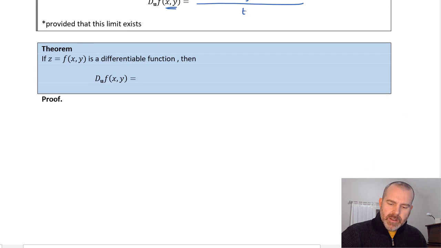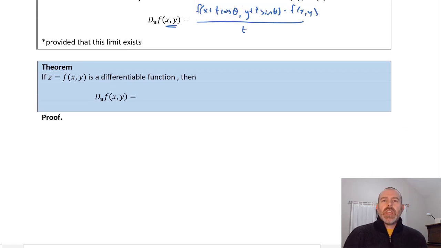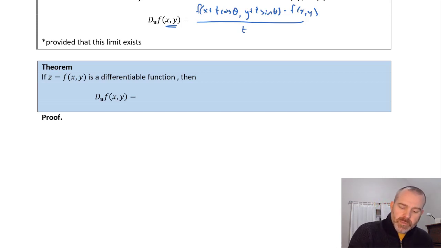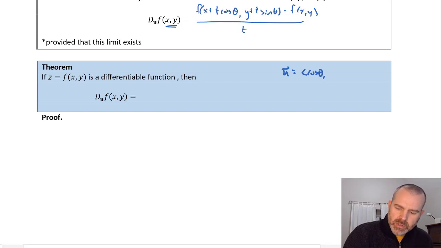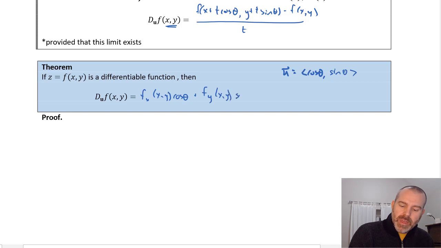So the first thing we have to do here is look at a key theorem. We're going to take a couple minutes and prove it actually. So this theorem says, if you want the directional derivative, assuming you have a vector u equal to cosine theta, sine theta, then you just take the partial derivative of f in the x direction and multiply that by cosine theta, and then take the partial derivative in the y direction and multiply that by sine theta.